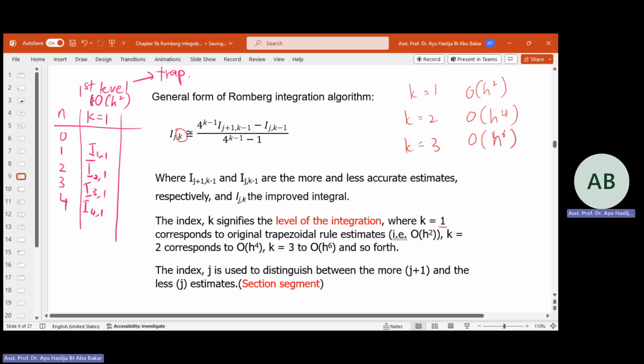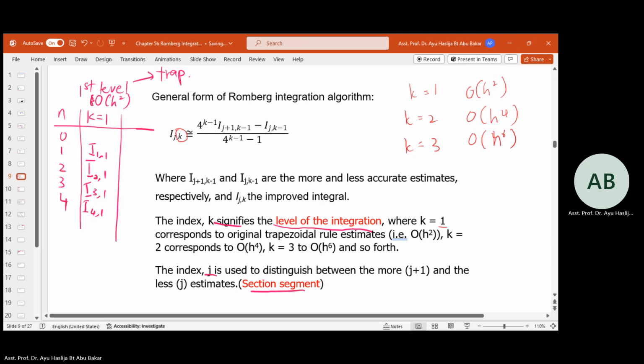The J is the sequence in that level. K is the level of the integration. J is the segment sequence. J going down, K moving vertically, sideways.